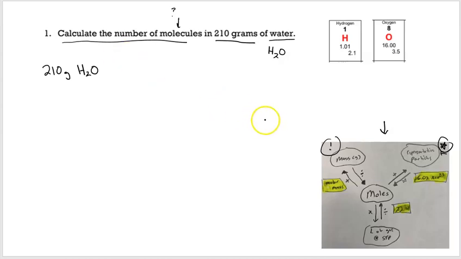Let's take a look at our graphic organizer. I know my mass, so I'm going to have to divide by the molar mass in order to calculate the number of moles. What I need to figure out is the molar mass of water. All I do is take the mass of hydrogen times 2 plus the mass of one oxygen.